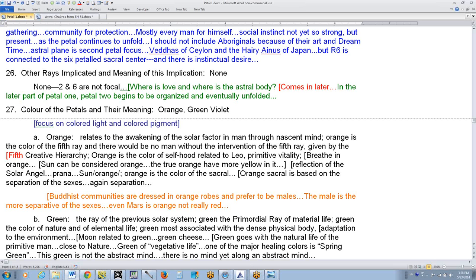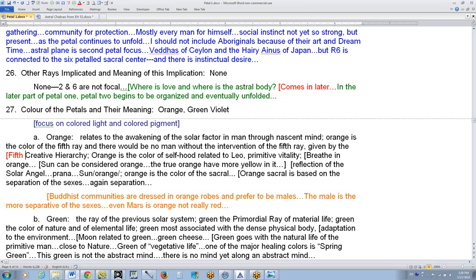Sun, orange, orange is also the color of the sacral center, so prominent in this place. The second group has to provide vehicles for others within itself, for those of their own kind.